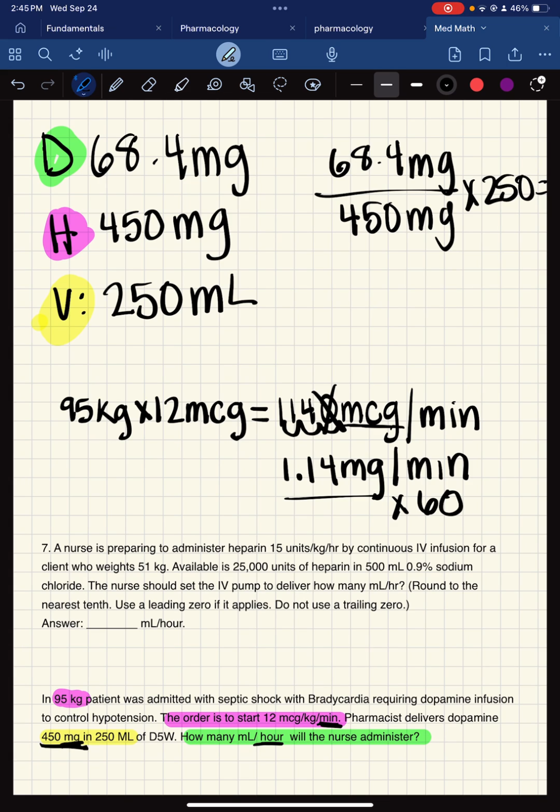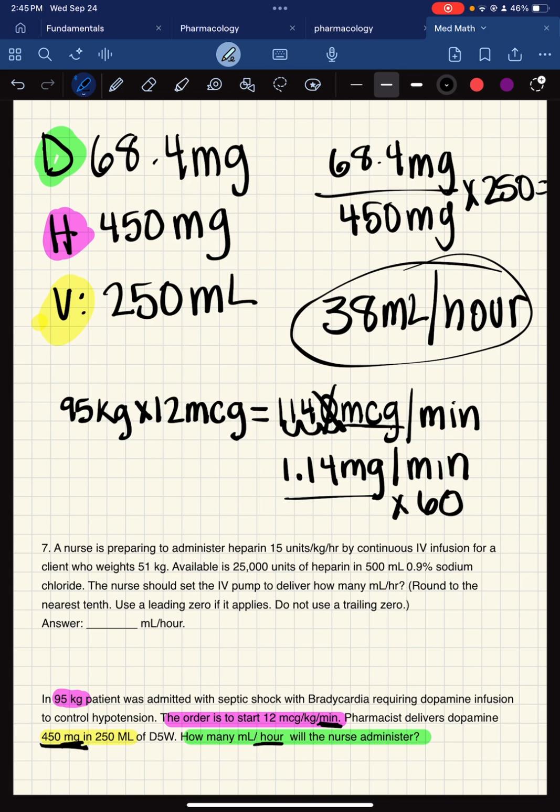So 68.4 divided by 450 equals 0.152, and we're going to multiply by the 250, and that's going to be 38. So this patient is going to get 38 mLs per hour. And that is your answer, okay?